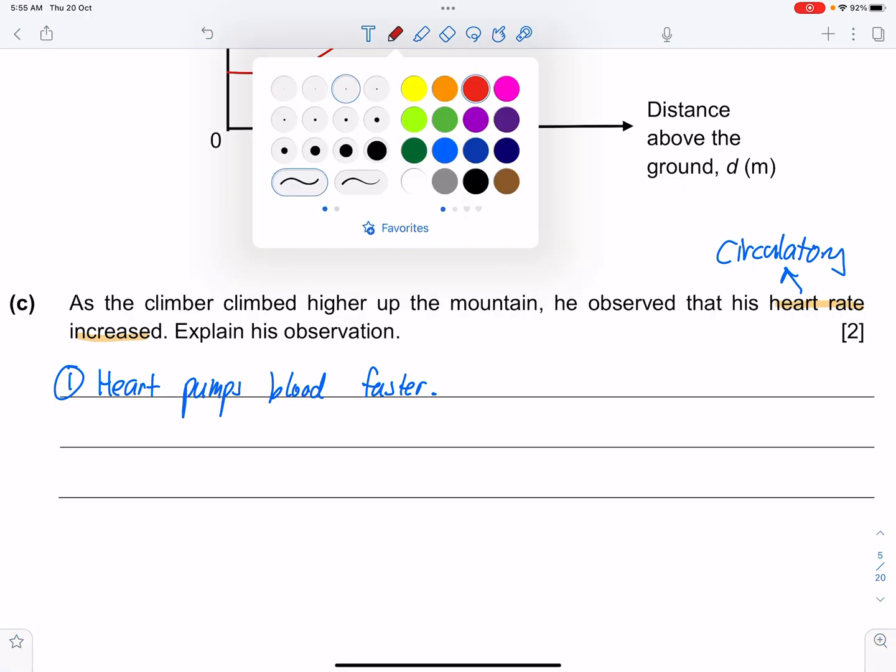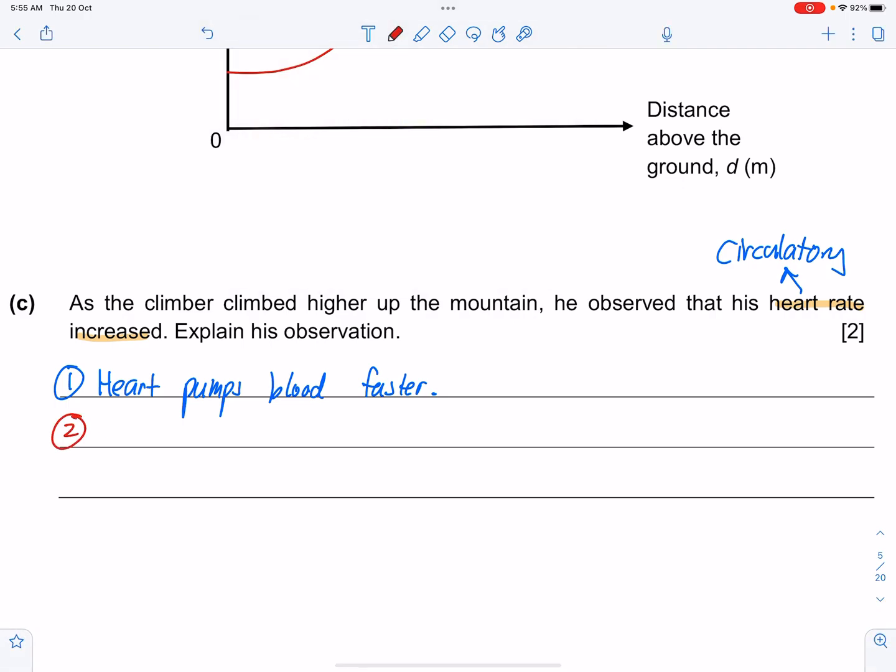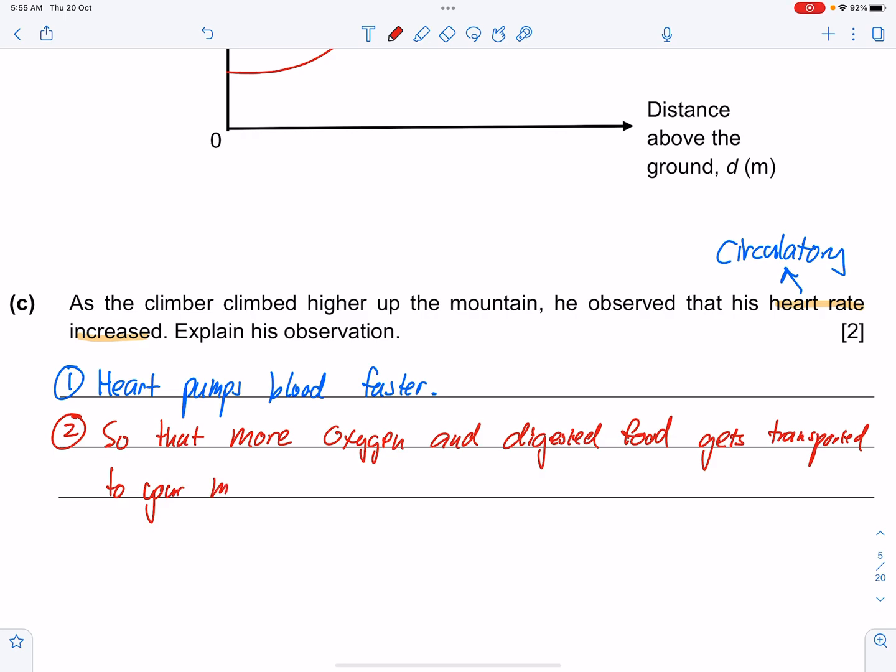Second thing would be: so that more, this is very important, oxygen and digested food. Your digested food will be your glucose. Gets transported to your muscle cells.